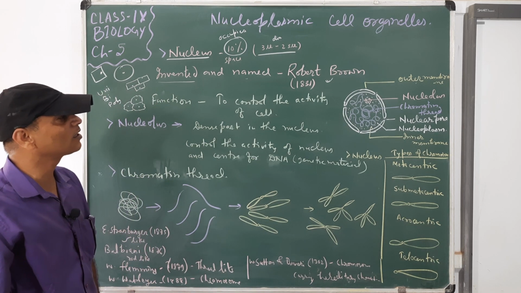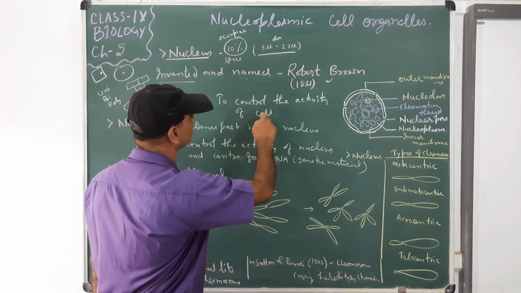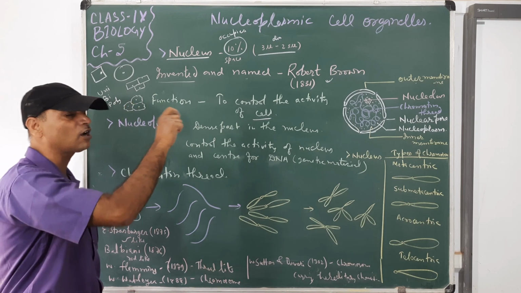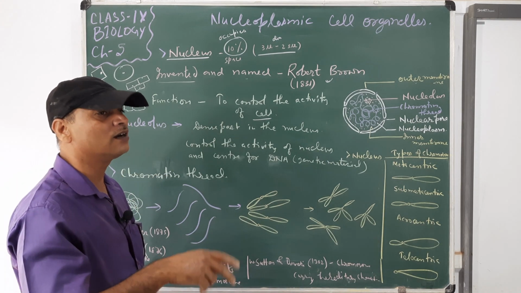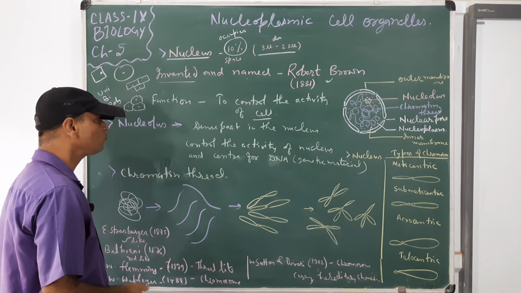So the nucleus operates the activities of the cell. Its function is to control the activity of the cell, meaning all the activity of the cell is controlled by this nucleus, and the nucleus is the center for controlling or performing the activity of the cell.